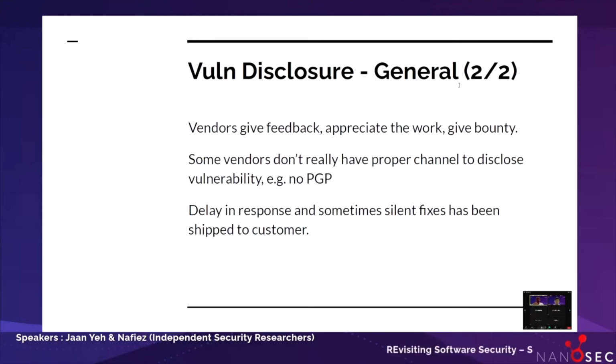And the vulnerability disclosure sometimes is delayed in response, and sometimes silent fixes are shipped to customers. So you've got to wait for months, asking them by email or any other follow-up medium, like Twitter and so on. And after a couple of months, they suddenly come back to you like, hey, we already shipped this to customers, and you are like, what is happening here? Why no advisory?